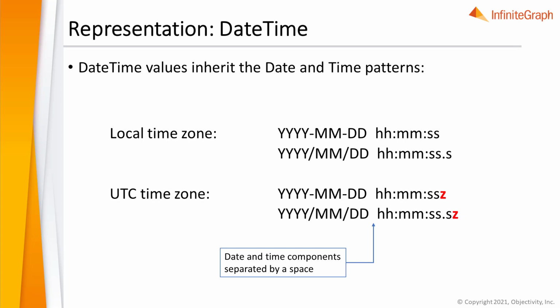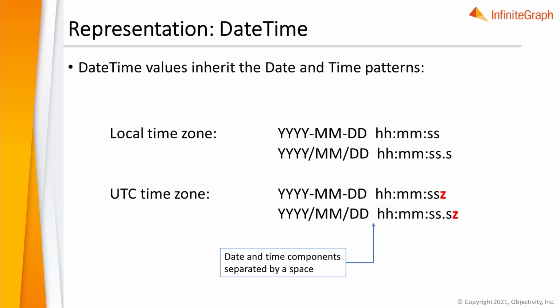Date time values inherit the date and time patterns that we've just discussed. For local time zones, we end up with a date pattern YYYY-MM-DD or with slashes, followed by the standard time hour, colon, minute, colon, SS for seconds, optionally adding the .s for decimal portions of a second.